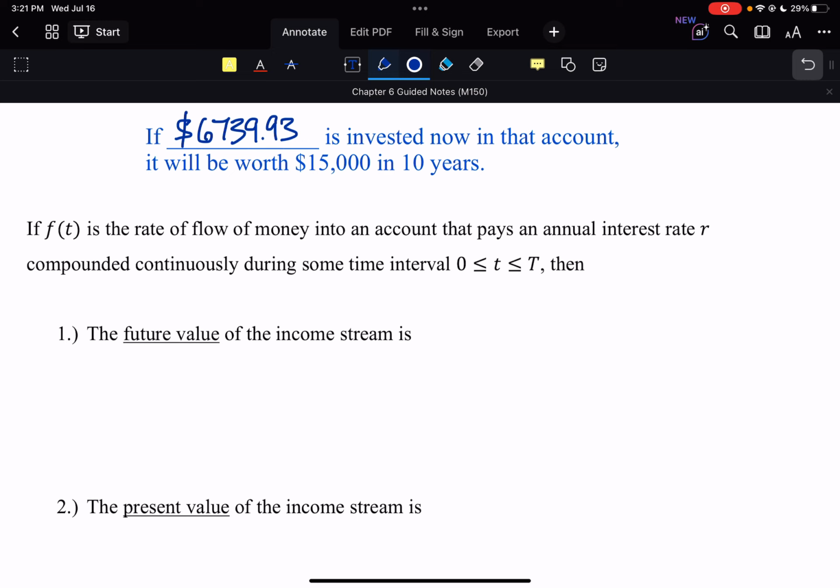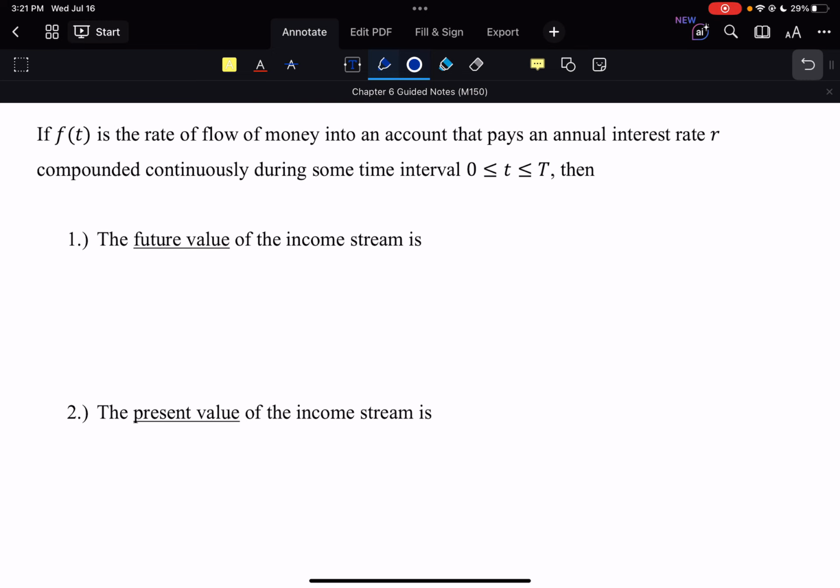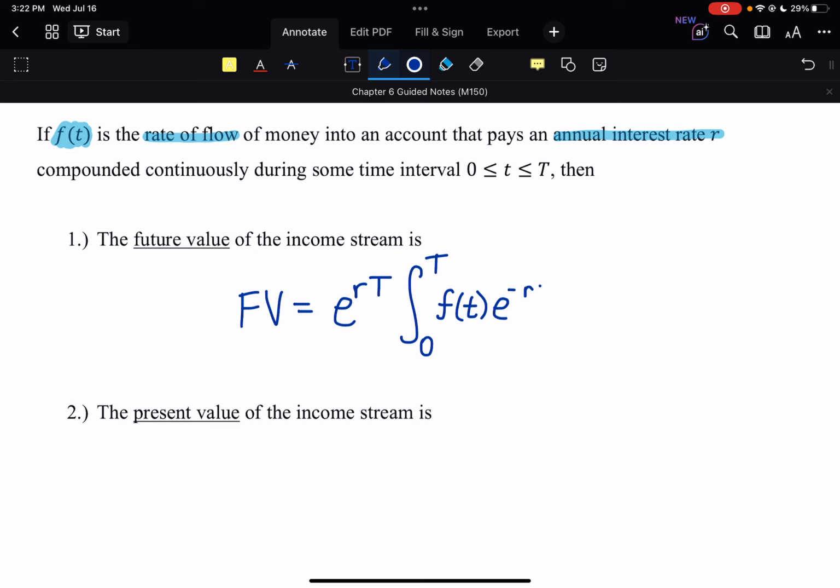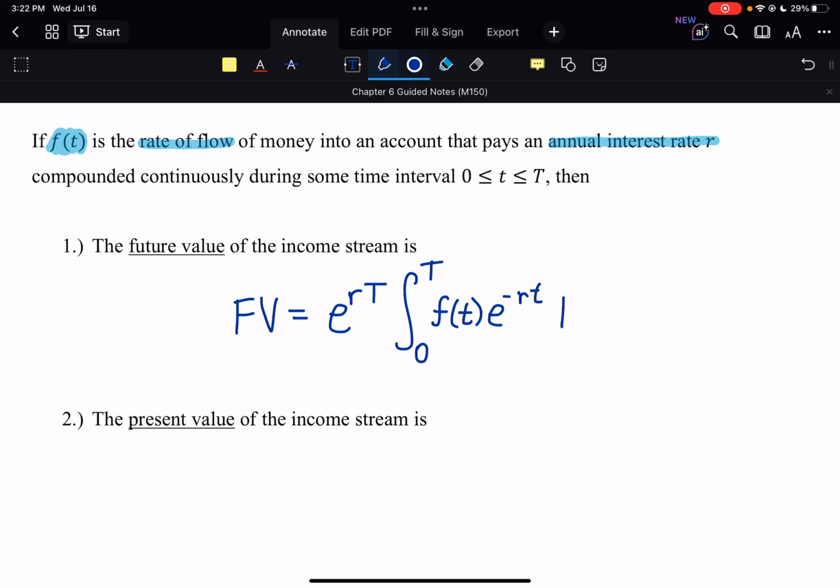Now, to add an extra wrinkle into this process, if f of t is the rate of flow of money into an account that pays an annual interest rate R compounded continuously during some time interval from 0 to T, then the future value of the income stream is going to be e to the RT times the integral from 0 to T of f of t e to the negative rt dt.